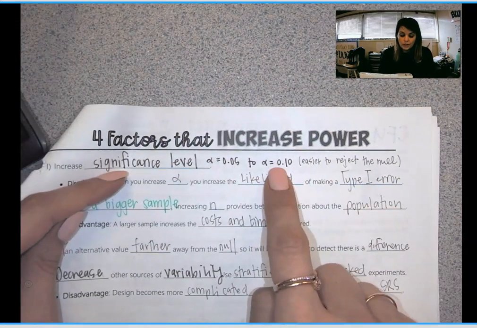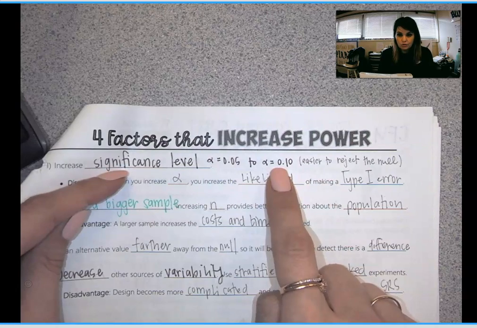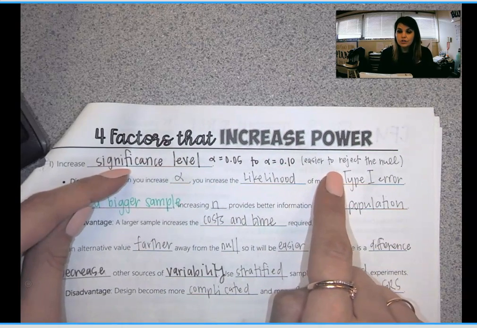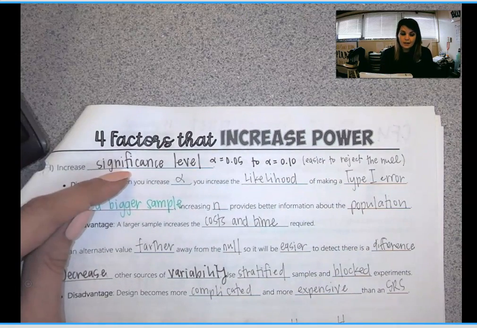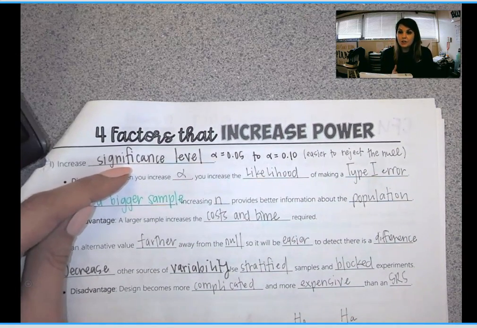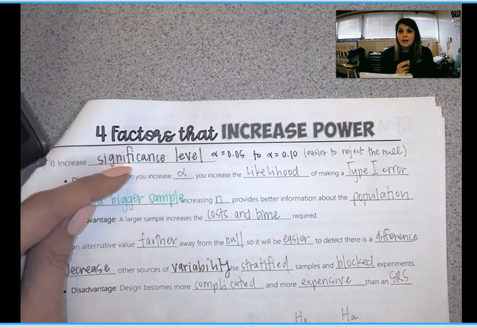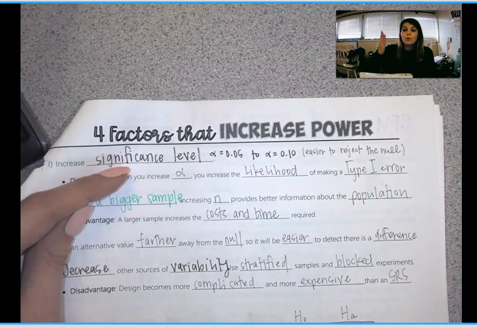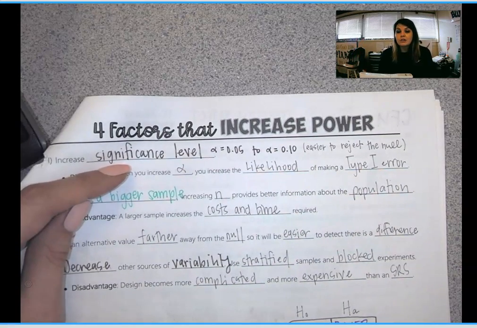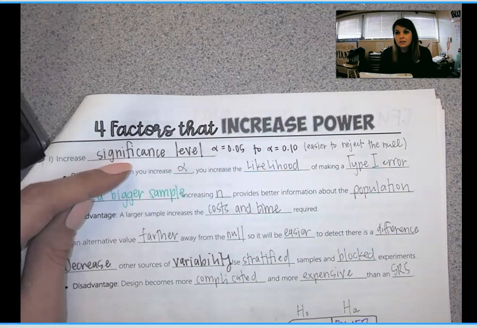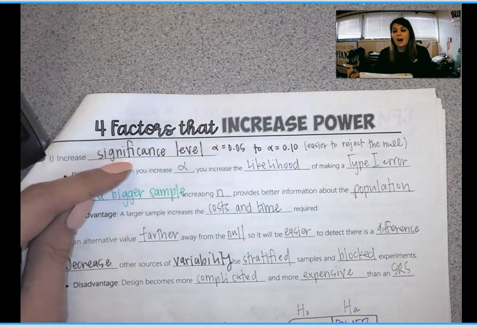If you increase your alpha level, that means it's easier to reject, because remember, we only reject when the p-value is lower than alpha. So if we make our alpha bigger, the likelihood that we will reject is higher.